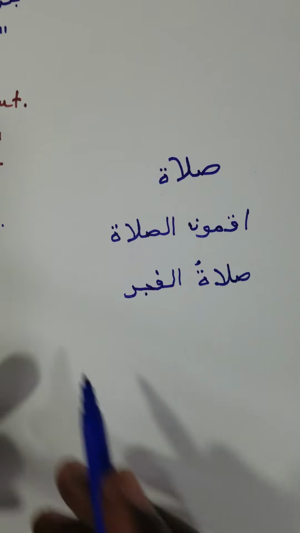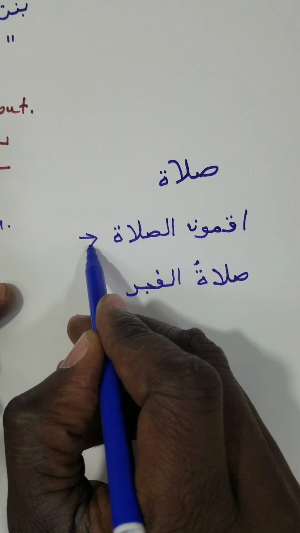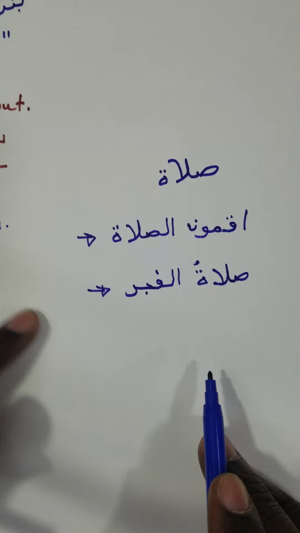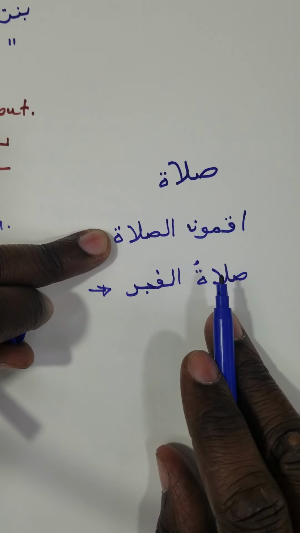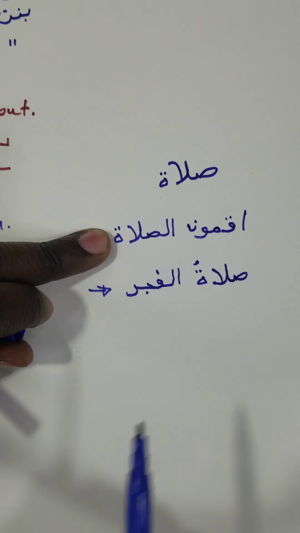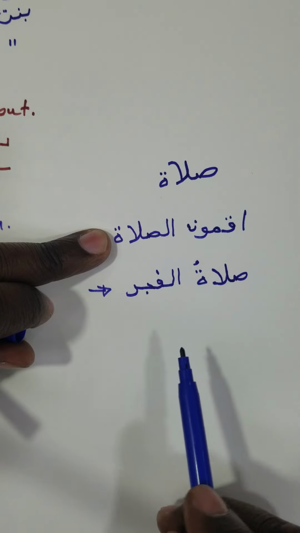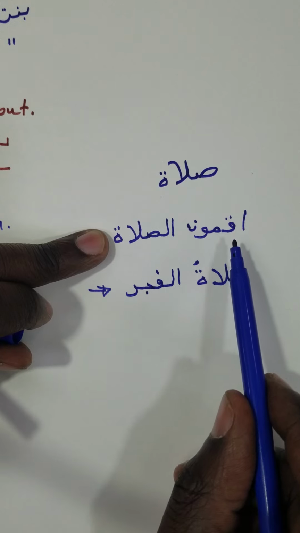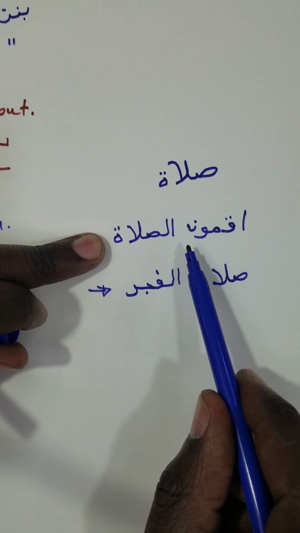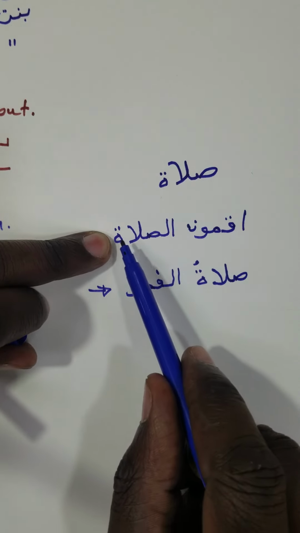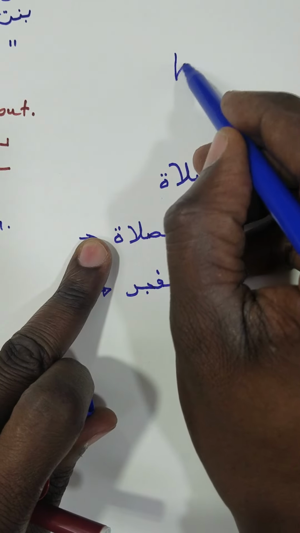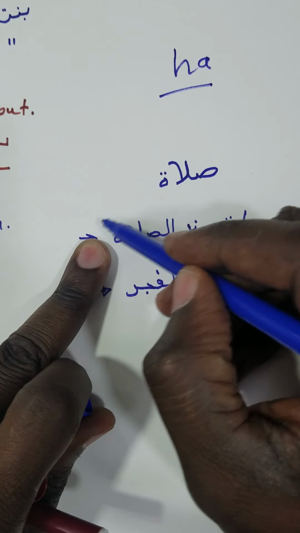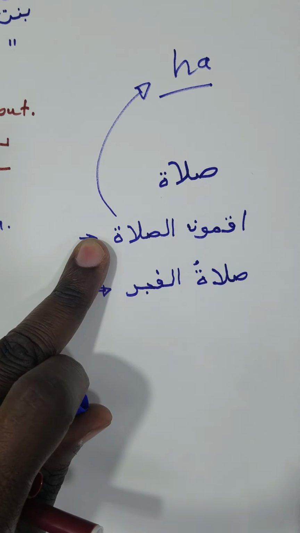Now look at these two sentences. This one and this one. Here, the ta marbuta is at the end, after aqimu salah, so it will take this ha sound.